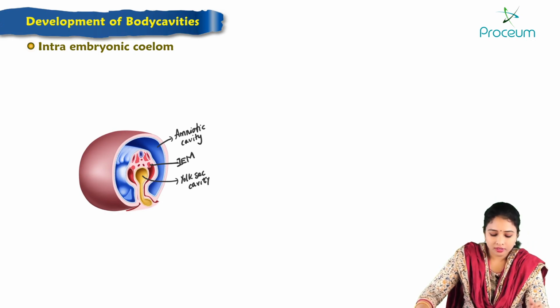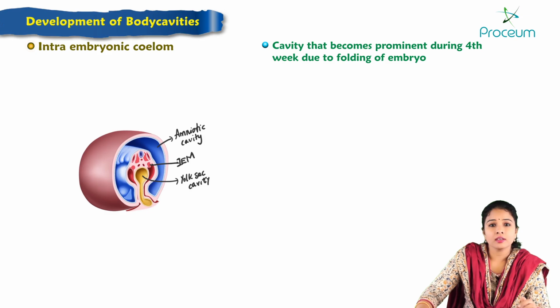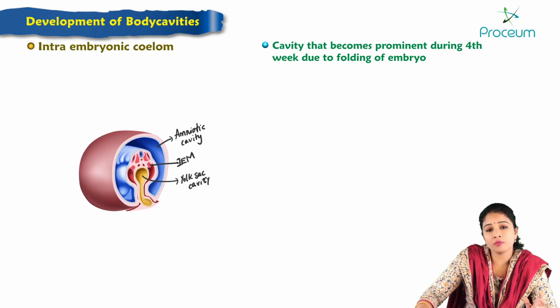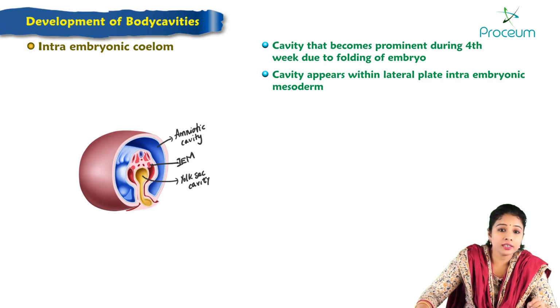The intraembryonic coelom is the cavity which becomes prominent during the fourth week of intraembryonic life due to the folding of the embryo. The cavity appears within the lateral plate of intraembryonic mesoderm.